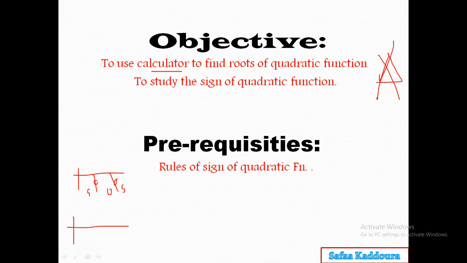If we have one root, that means delta equals 0, then we have the same sign as a. And if we have no root, that means delta is less than 0, then the sign is the same as a. Let's start.